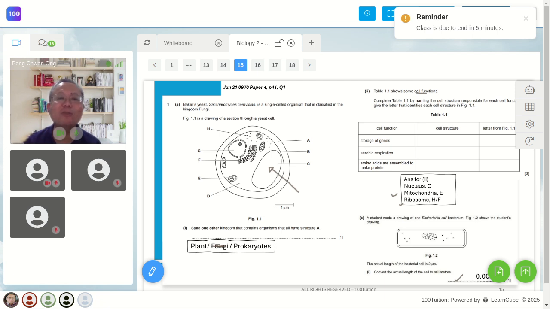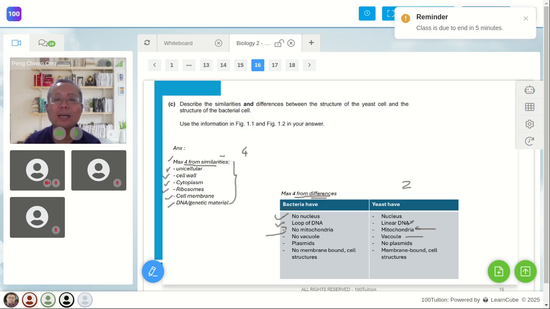It's a question that gives you marks if you are able to read the question carefully. So from the diagram, you already have 3 differences. Bacteria, no nucleus. Bacteria, no mitochondria. Bacteria, no vacuole. And for the others, if you can remember from memory, then you know that bacteria have plasmids, whereas yeast doesn't have.